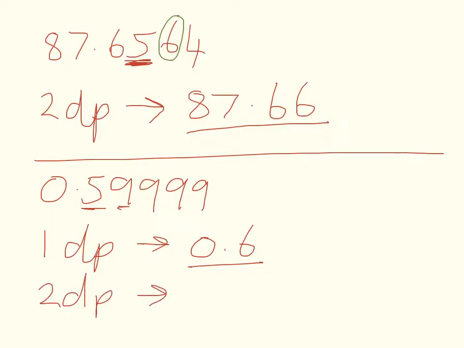For two decimal places, we have a look at whether this is a 5 or above, which it is, so therefore this needs to be rounded up. But where do I go from a 9? What do I do? The answer is this, 0.60, because if you round 0.59 up, it becomes 0.60. Hope that makes sense.